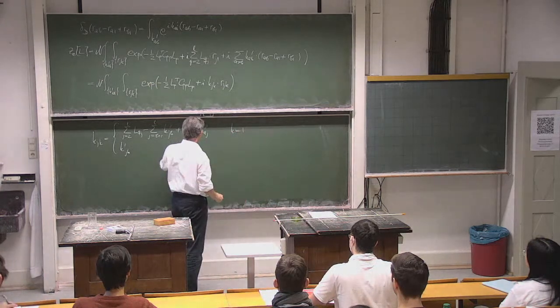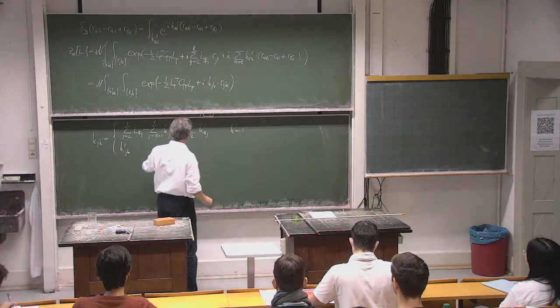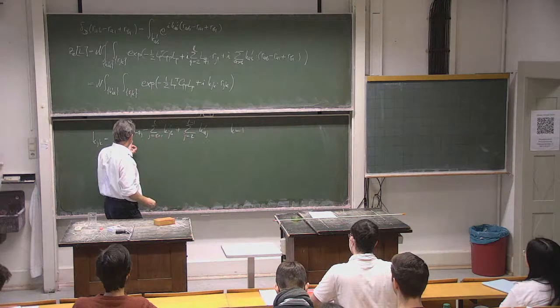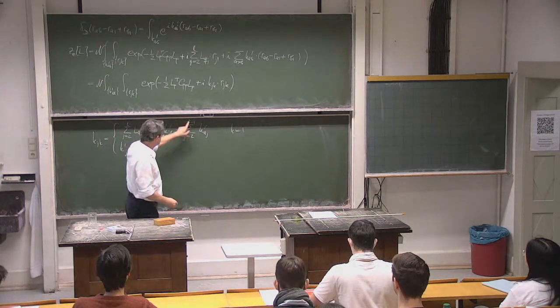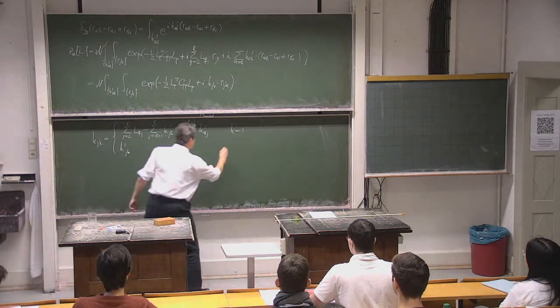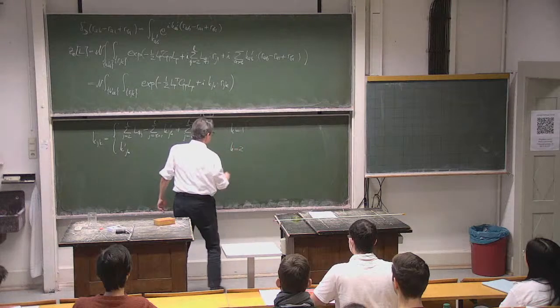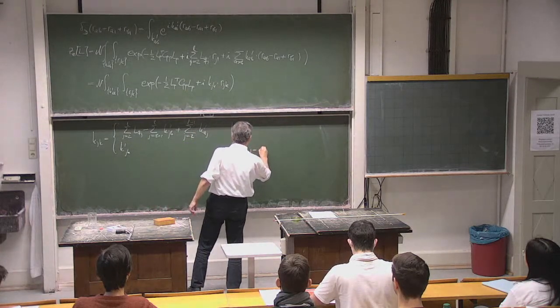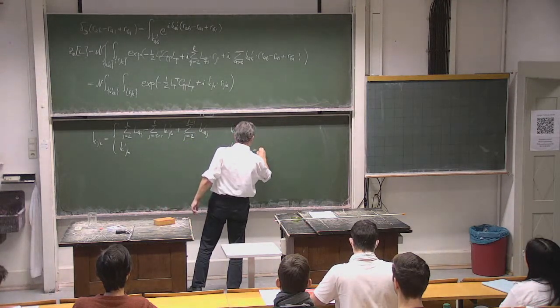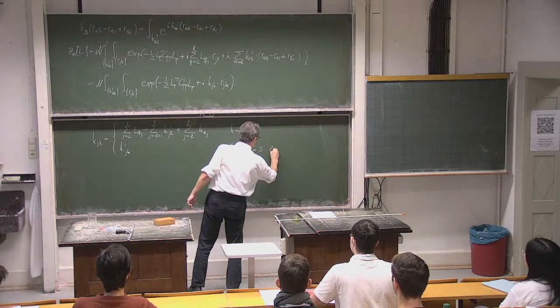That's true. And then, of course, this is why this runs from 2 to L, for example, and this runs from 2 to L. All right. And this is for k equals 2, and then, of course, j is 3 to L.